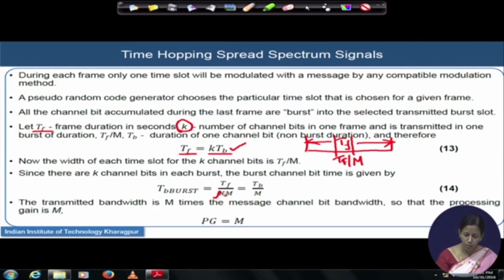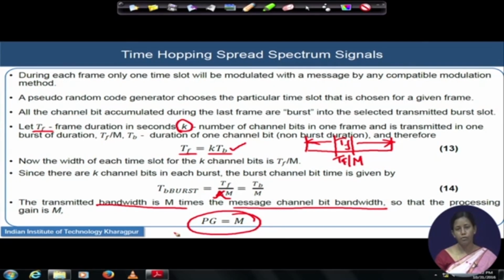Hence if I do the substitution here, TF by K is basically, from equation 13, equal to TB. So, I can put it as TB by M. So, finally, the burst time is equal to TB divided by capital M. In terms of bandwidth, the transmitted bandwidth will be M times higher than the message bandwidth, the channel bit bandwidth. So, fundamentally M is the processing gain you end up with.